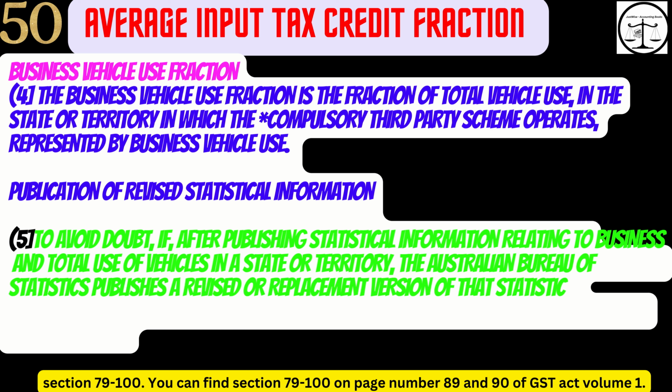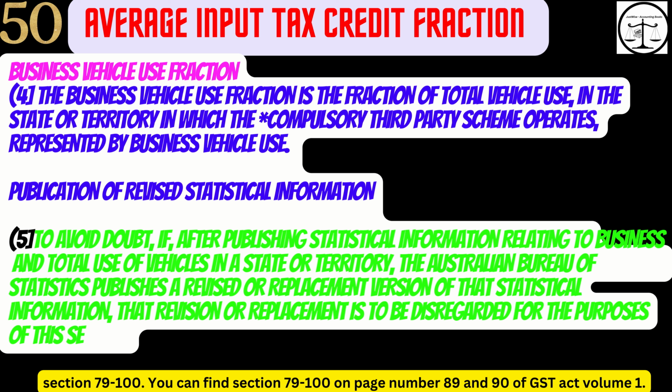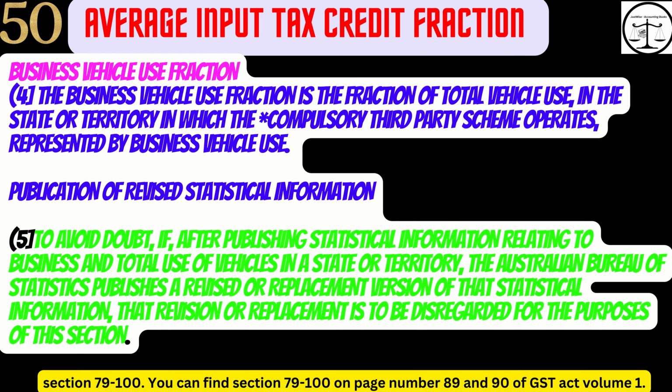To avoid doubt, if, after publishing statistical information relating to business and total use of vehicles in a state or territory, the Australian Bureau of Statistics publishes a revised or replacement version of that statistical information, that revision or replacement is to be disregarded for the purposes of this section.